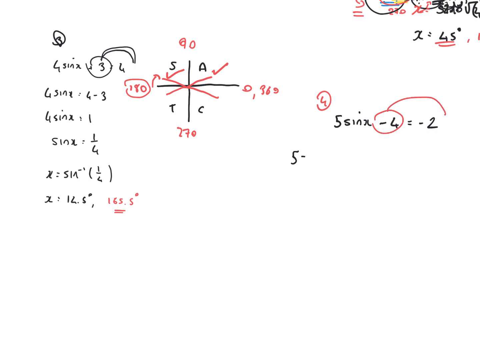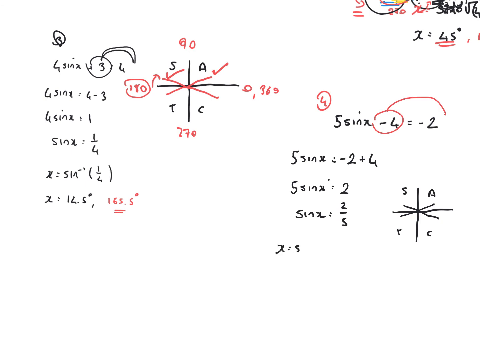So that's now 5 sine x is equal to minus 2 plus 4, and minus 2 plus 4 is 2. I then bring the 5 down, divide, and that's sine x equals 2 over 5. At that point, time to draw the CAST diagram.